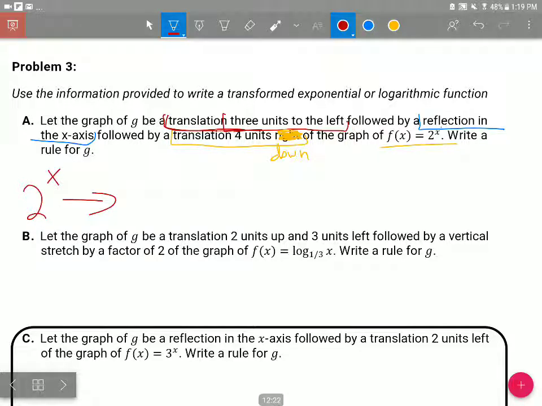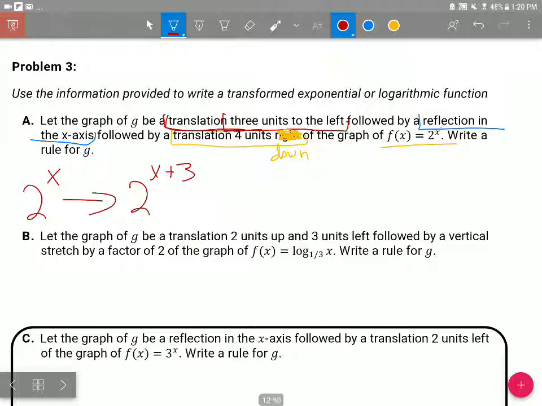You're adding on the inside. If you go left, it's got to be on the inside. Where do you add on the inside for this? In the exponent. Good. So that would be 2 to the x plus 3. We know it's an inside thing, so it has to go in the exponent, and it is backwards.